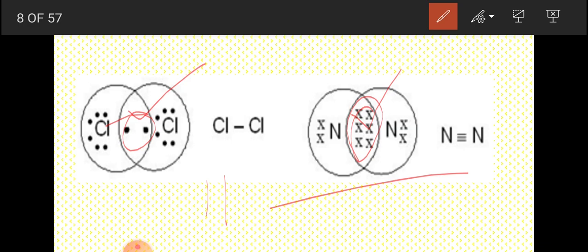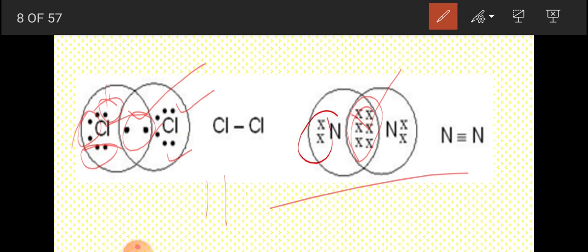It is because bond pairs are responsible for the bonding between the atoms. And the valence electrons not involved in sharing are called lone pairs. In chlorine, you can see 3 lone pairs: 1 pair, 2 pair, 3 pair.